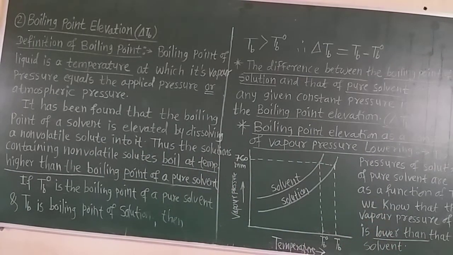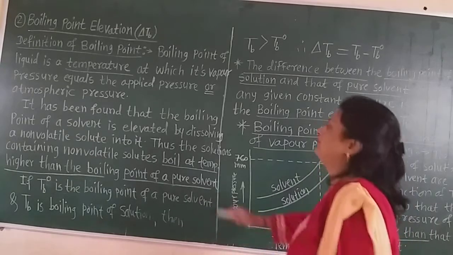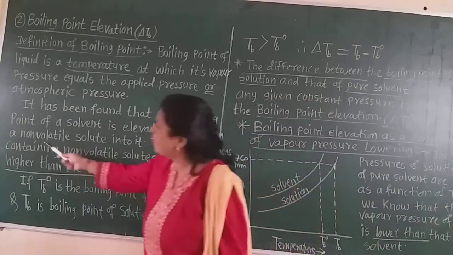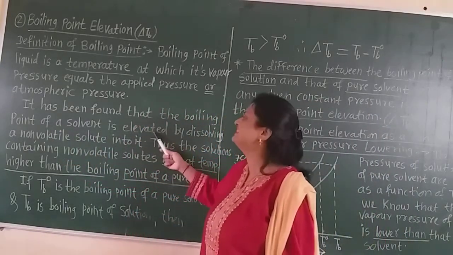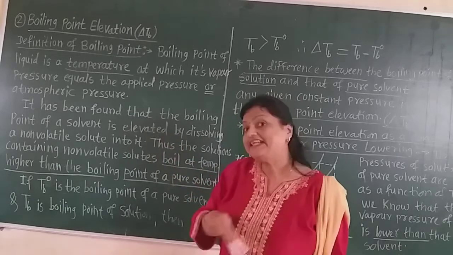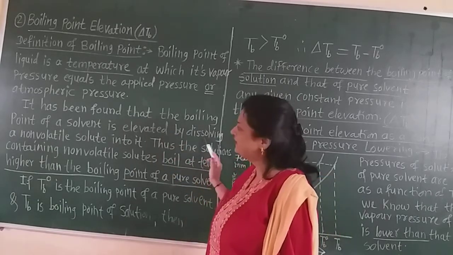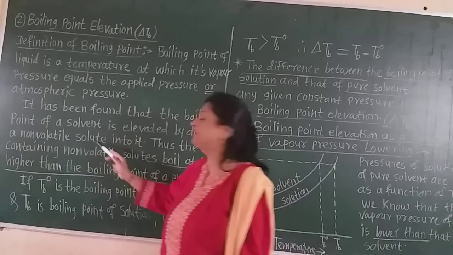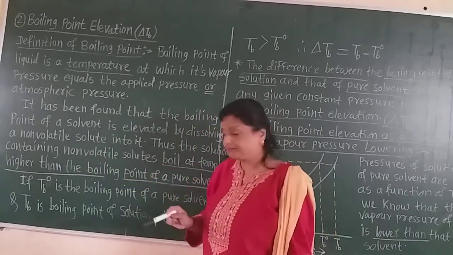First we learn the definition of boiling point. Now let us learn how there is the elevation in the boiling point of the solution. Now it has been found that the boiling point of a solvent is elevated or increases by dissolving a non-volatile solute into it.